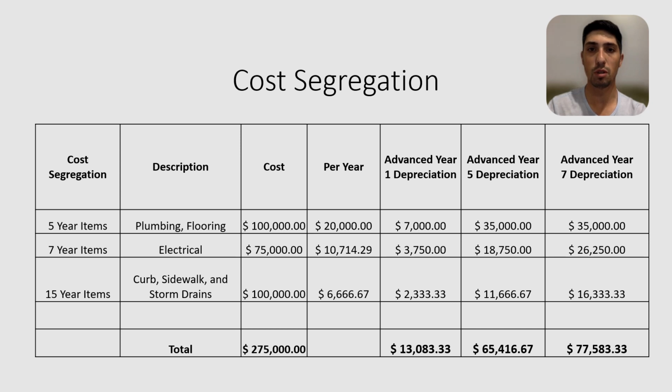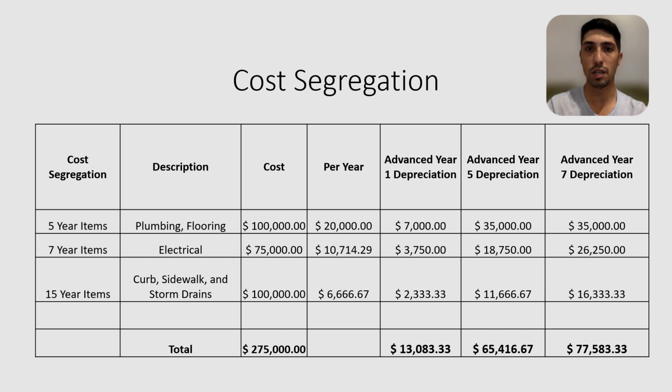We also know that the usable lifespan of these items is not 39 years. So with this information, we can break these items out into the 5, 7, and 15-year buckets of time that we mentioned earlier. Our 5-year bucket will contain plumbing and flooring, our 7-year bucket will contain electrical, and our 15-year bucket will contain curbs, sidewalk, and drainage.